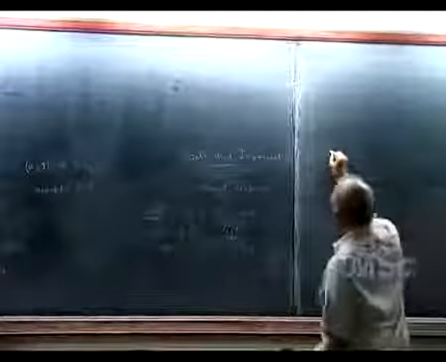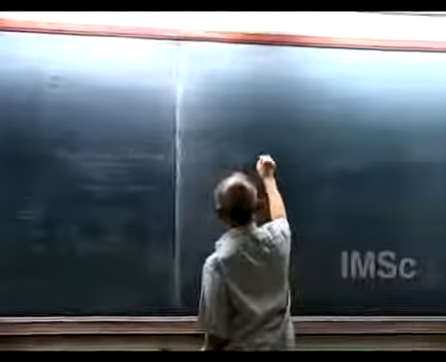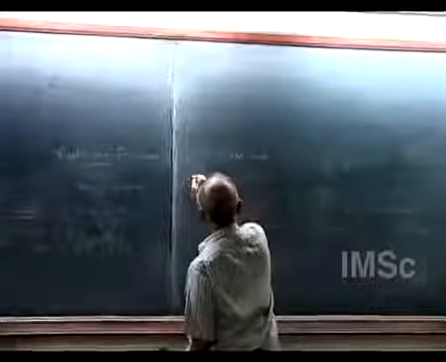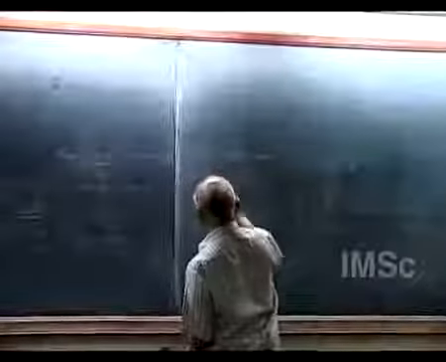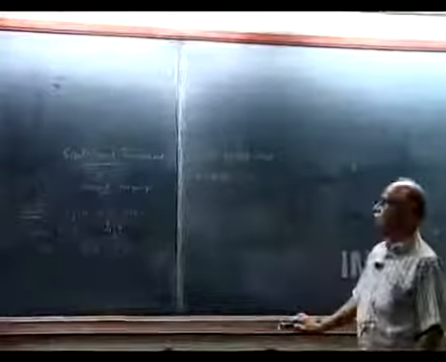A right coset is Hg. What is their importance?